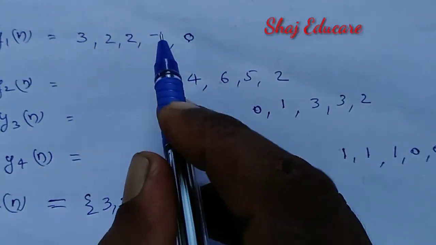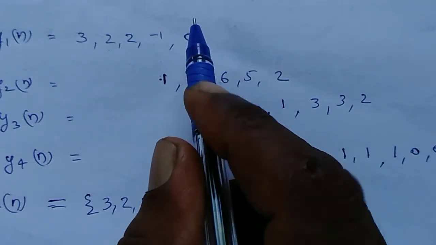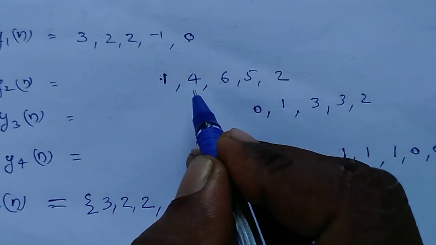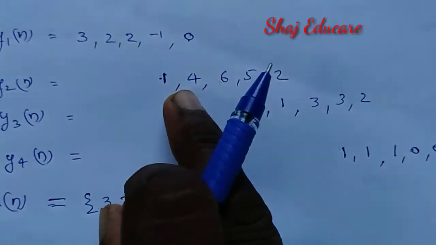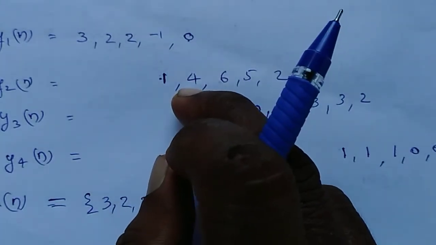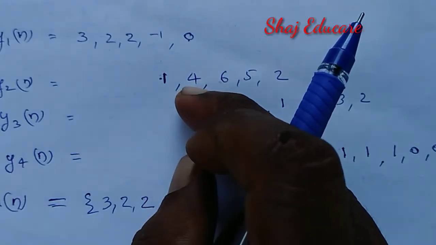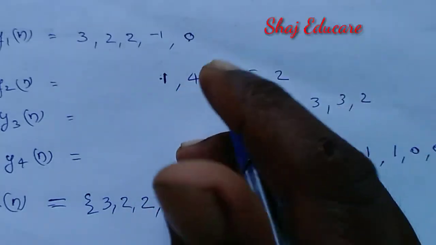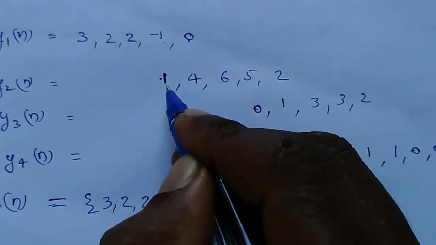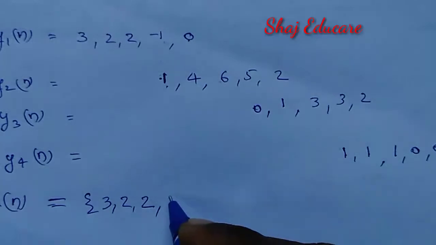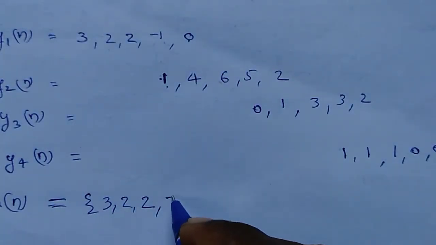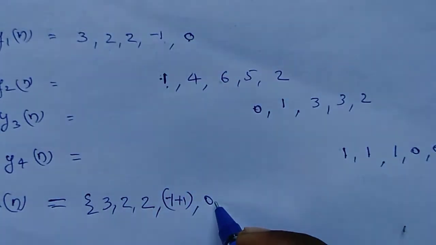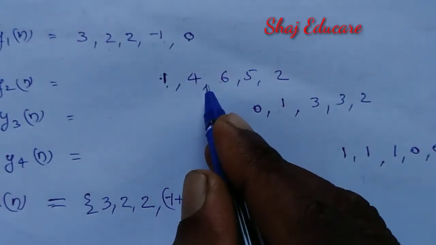Next, the last m minus 1 elements and the first m minus 1 elements of the preceding block are to be added together. Minus 1 plus 1, then 0 plus 4.